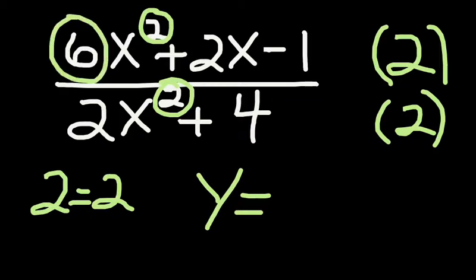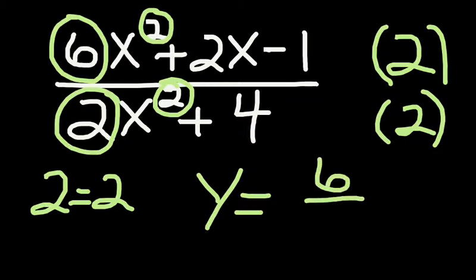And you take that leading coefficient of the numerator and you divide it by the leading coefficient in the denominator. So y in this case is equal to 6 divided by 2, and that's equal to 3. Therefore, our horizontal asymptote is y equals 3. It would be that line that we would draw at y equals 3.